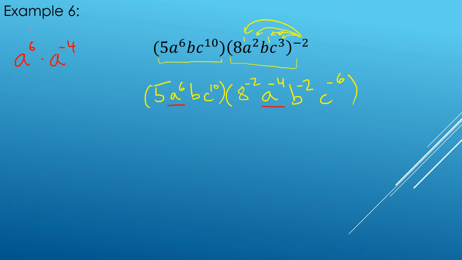We add the exponents. Remember, this is 6 A's, and then we have a negative 4 A's, so to speak. Remember, this is dividing by A 4 times. Negative 4 exponent. So we add the powers together. 6 minus 4, well, that's 2, right? So what we're left with is A to the second.